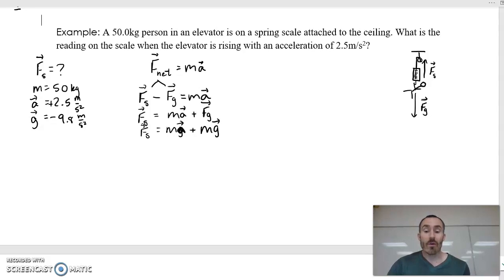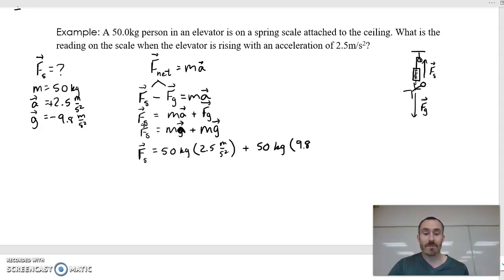Now, I know all of these numbers, so I can just put them all into my formula here. The spring force is equal to 50 kilograms times total acceleration, which is 2.5 meters per second squared, plus 50 kilograms times 9.8 meters per second squared.